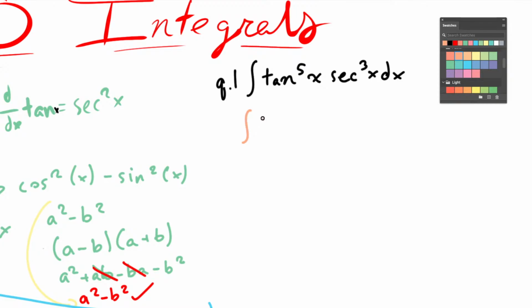This is equal to the integral of sine 5x times secant 8x dx, right?